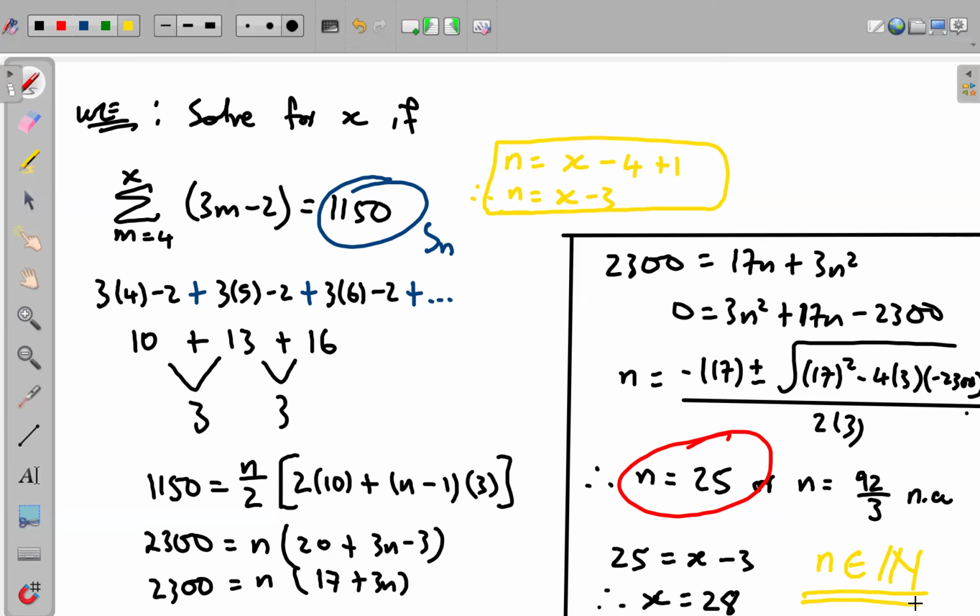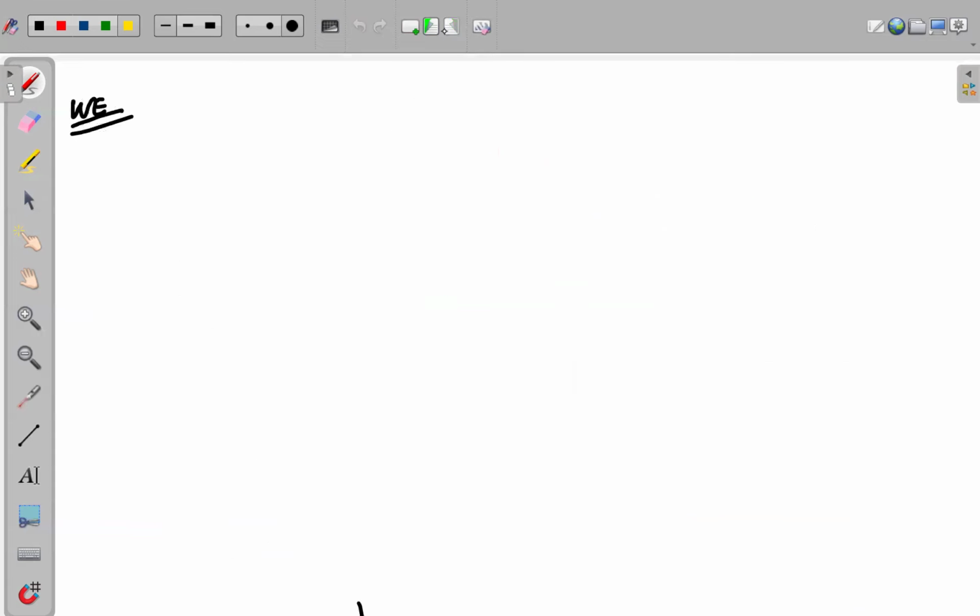Natural numbers are counting numbers, typically counting living things: 1, 2, 3, etc. And surely if you kept counting in that set, you're never going to find the number 92 over 3. You're never going to have something comma something in the set of natural numbers. So that is why we discard this 92 over 3.